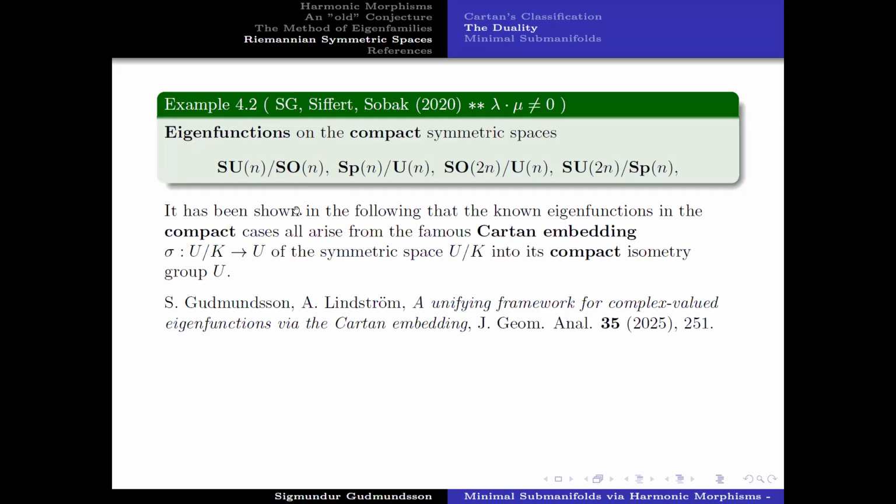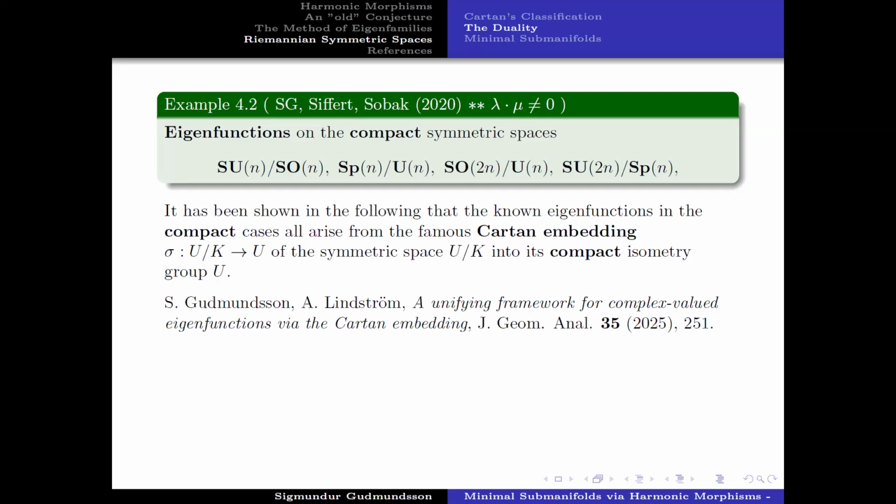Now, studying all these cases, I had a brilliant master student. I gave him the job, or we studied it together, that all the examples we have actually come from the famous Cartan embedding. So, you know, there is a sort of general theory.